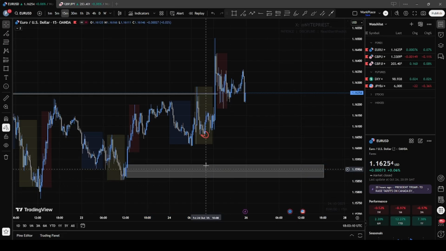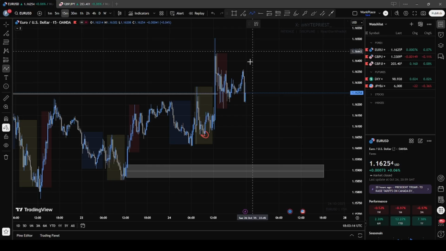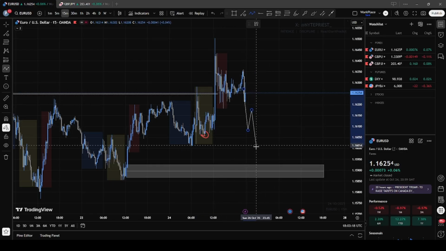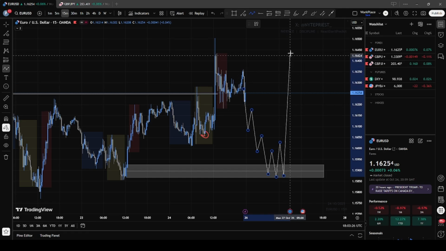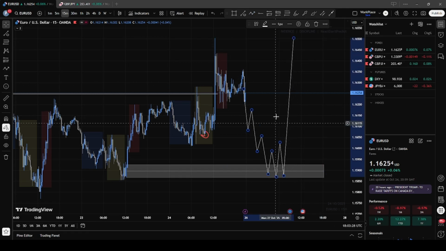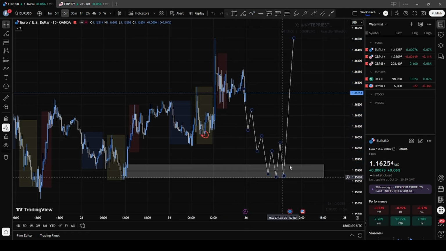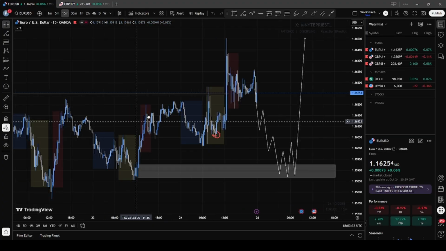So I'll be waiting for price to come here, sweep this, mitigate this demand zone, give me a shift, then I'll buy from that other block to this upside. So that's my narrative on EURUSD.